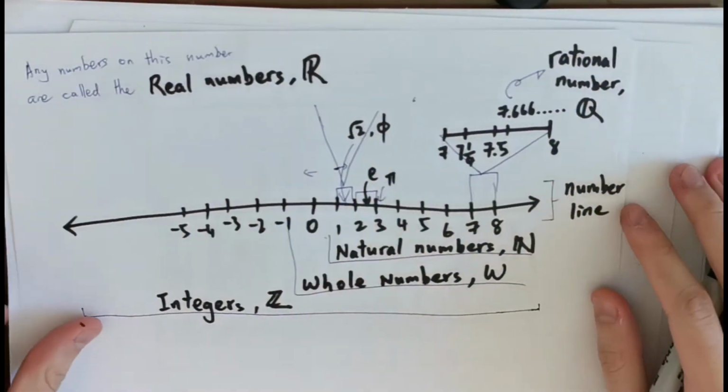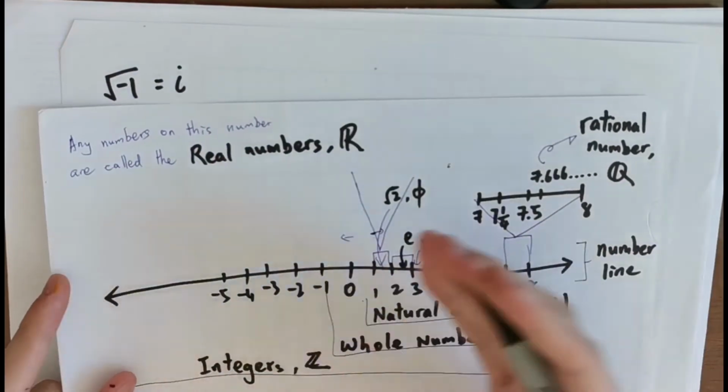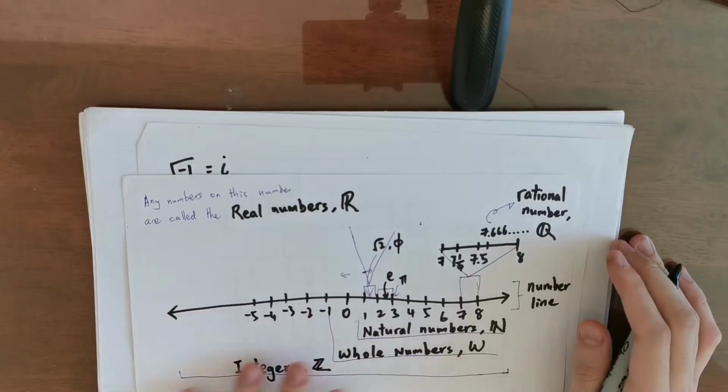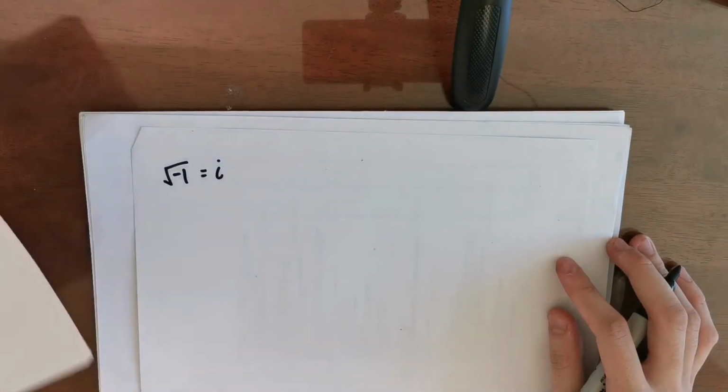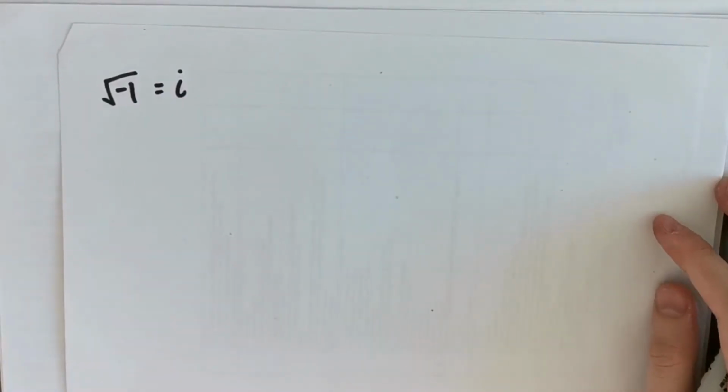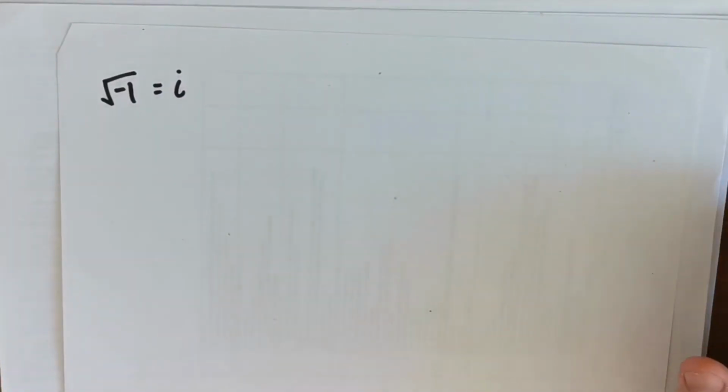So here are the real numbers, and you can't find i in any place on this number line. So this is where things start to get complex.